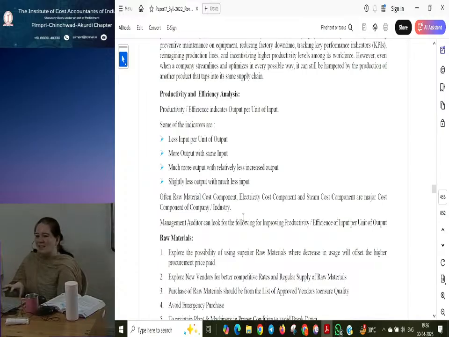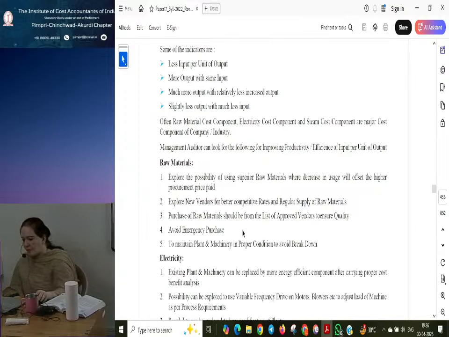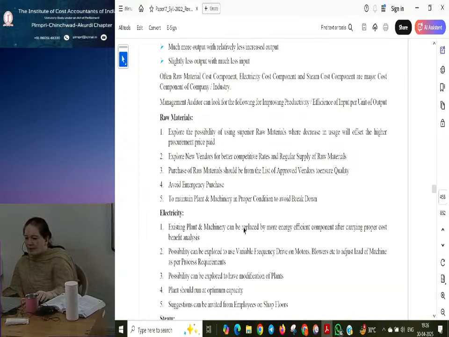So all these are looked into in this input-output ratio. Fine. So for raw materials, explore the possibility of using superior raw materials. Superior raw materials will give you more output with less input itself. For example, if the sugarcane quality is good, then the quality of sugar is going to improve.